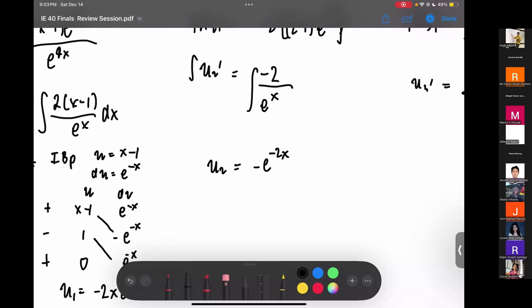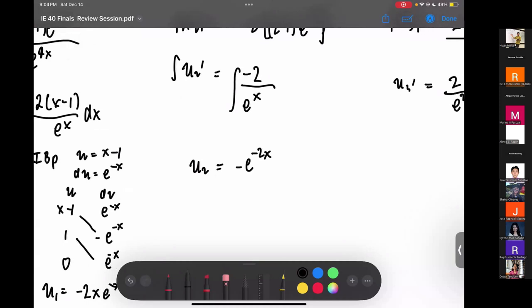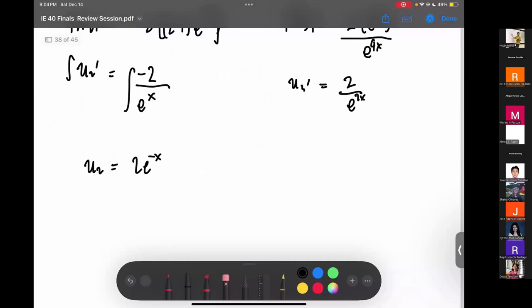So yun lang yun. I know, sorry, this is u2, so negative x lang pala. Sorry, I used the wrong one. 2e raised to negative x. For u3 naman, actually, they're both just integration.